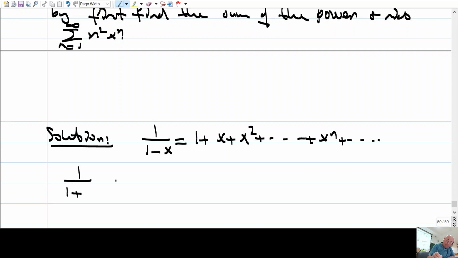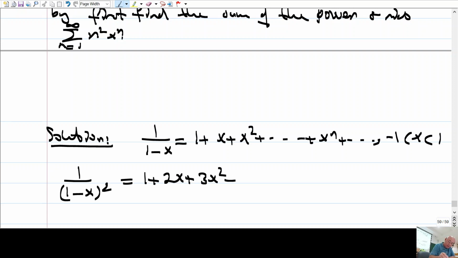So this is true for x between -1 and 1, right? When I take the derivative, I get 1 over 1 minus x squared, and the derivative of the series: the derivative of 1 is 0, and then the derivative of x is 1, plus 2x plus 3x squared, and so on. You see, this is just n times x to the power n minus 1, from 1 to infinity. 1, 2x, 3x squared, and so on.